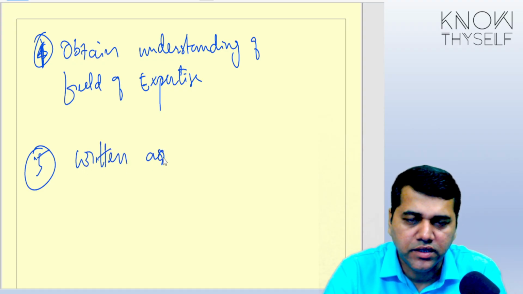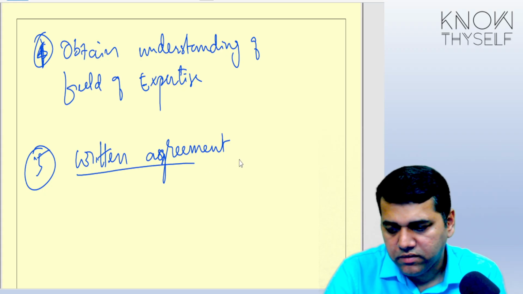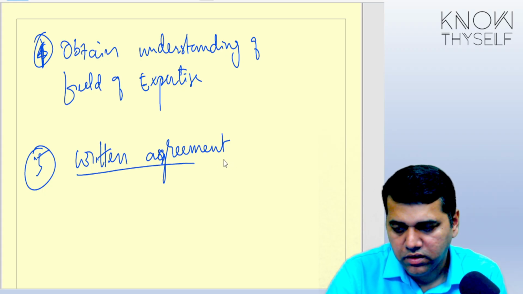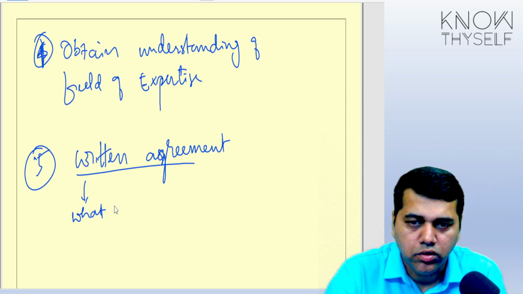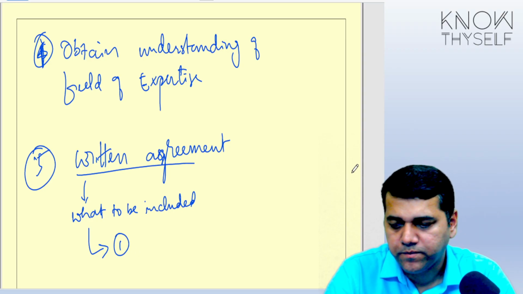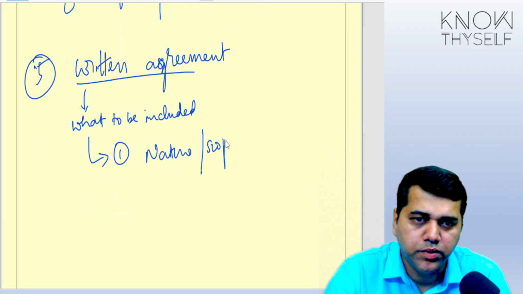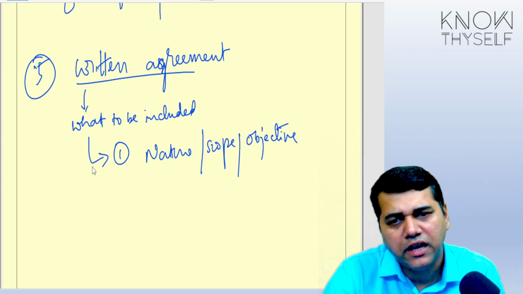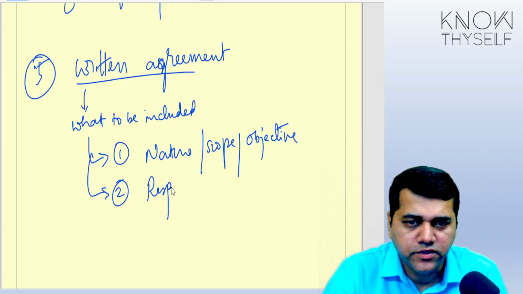Written agreement. So what should have been included? One, nature, scope, objective. Yes, any contract will have the nature, scope and objective. Respective roles.